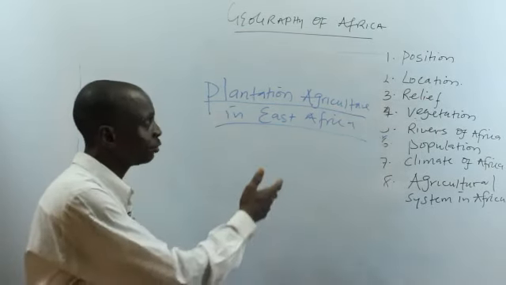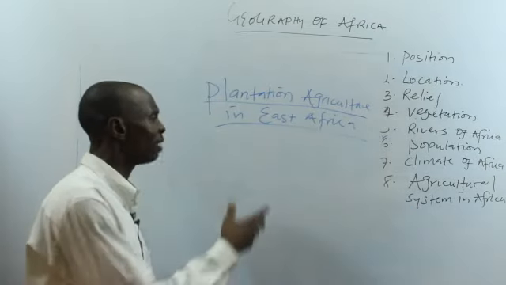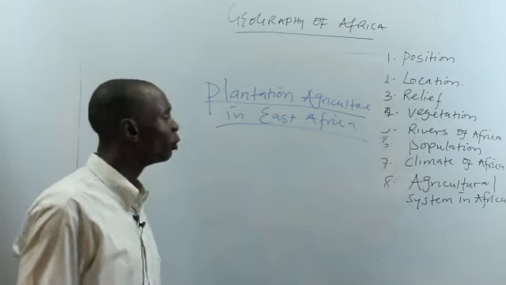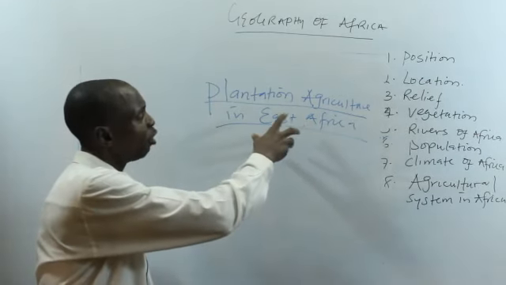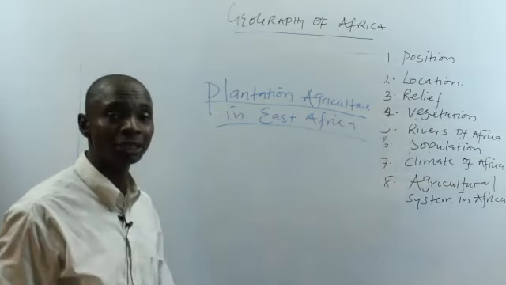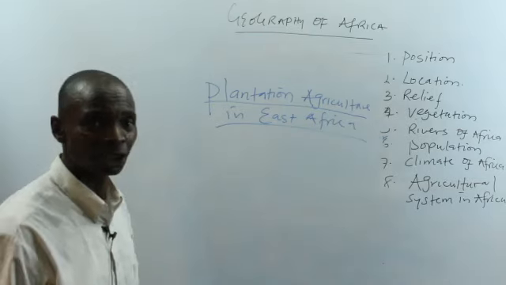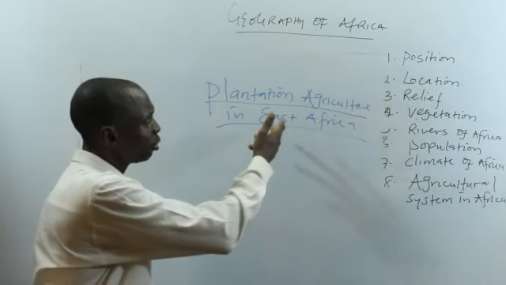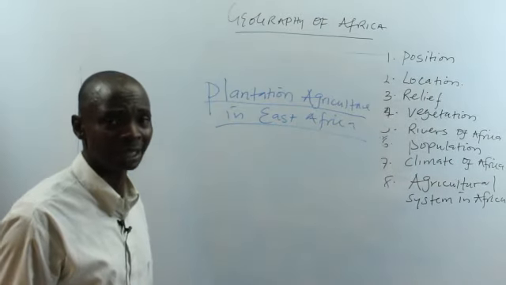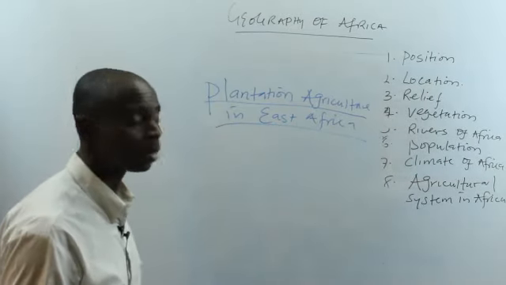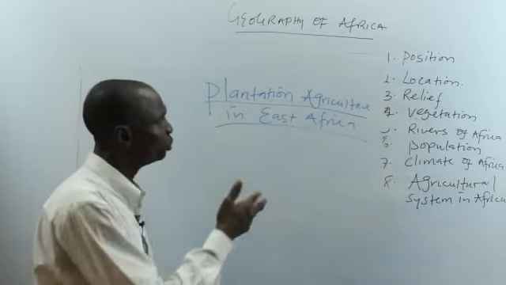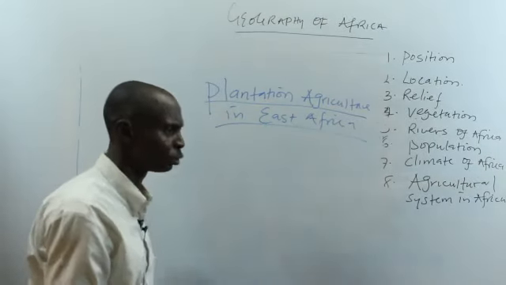For instance, we have rubber plantation, cocoa plantation, sugarcane plantation. We have other crops that you can embark on at a large scale. So these are the factors that encourage plantation agriculture in Nigeria, in East Africa and other parts. In Nigeria too, we do practice plantation agriculture.